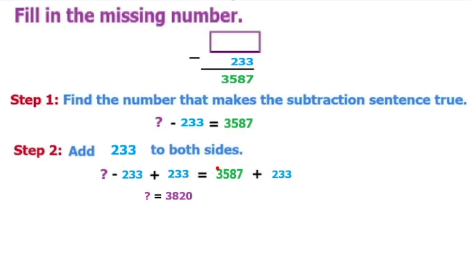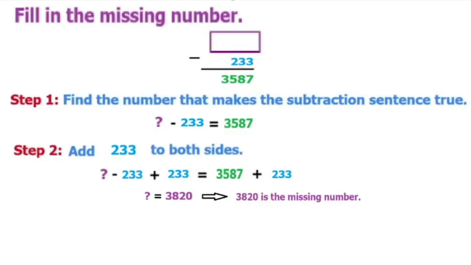And then we just calculate what 3587 plus 233 is. And you could put that in a calculator or you could do it by hand. And the answer is 3820. 3820 is the missing number. That's the number we're looking for that goes into this box.